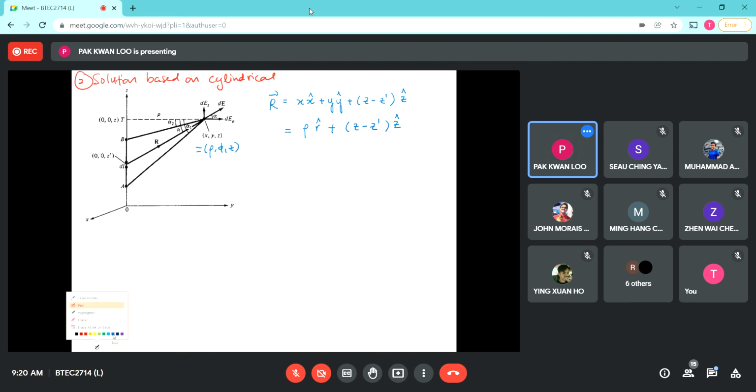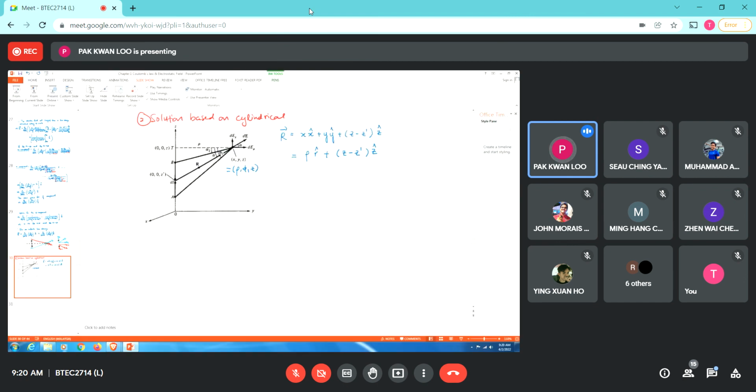So I'm going to bring you back to the Cartesian to cylindrical conversion.